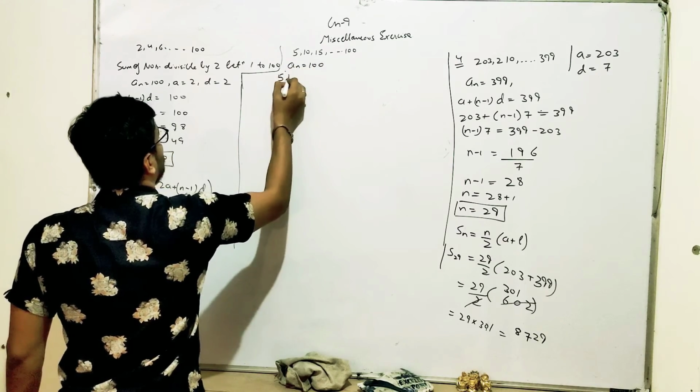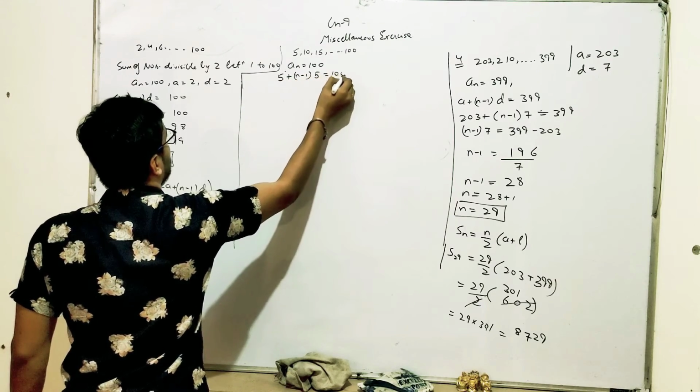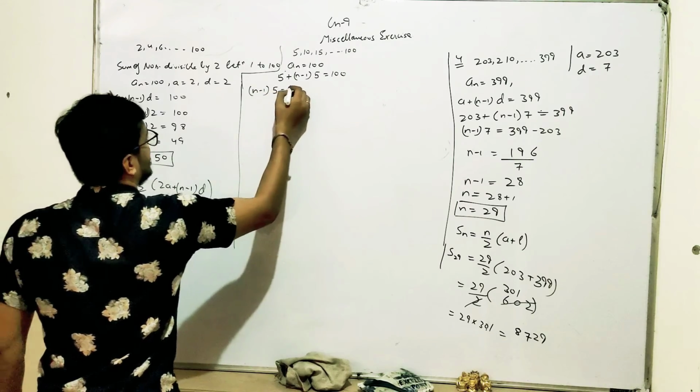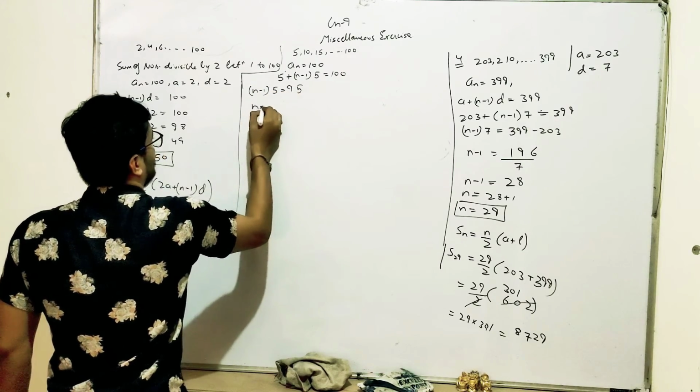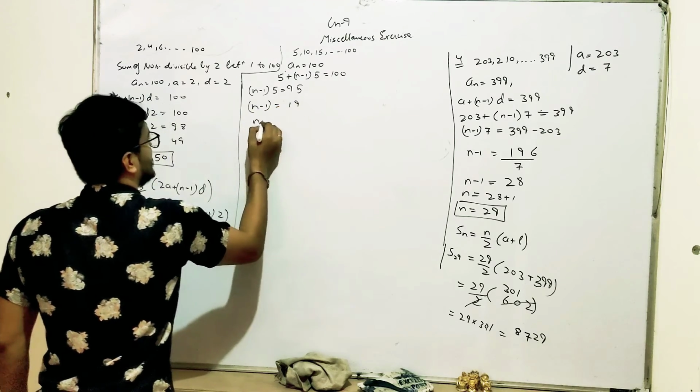So a is 5 plus n minus 1 d, d is also 5, is equal to 100. So n minus 1 times 5 is equal to 100 minus 5, 95. So n minus 1 is equal to 95 upon 5, which is 19. So n is equal to 20.